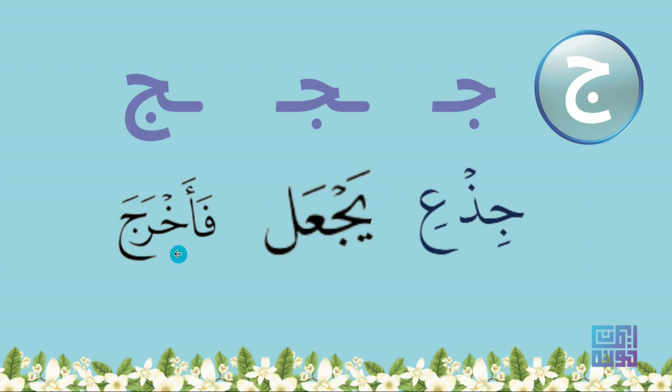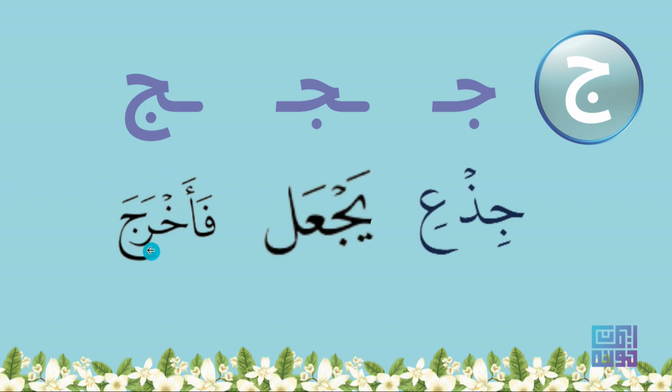Here, we can see the jim at the end of the word, and it's written exactly the same way as the shape that we know. But why isn't it connected with the ra? We're going to take just in minutes that the ra is one of the letters that is just connected with the letter that comes before it, which in this case is the letter ha.